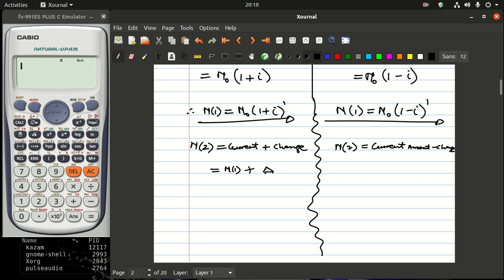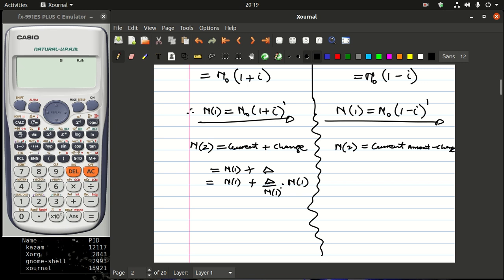plus some delta there. And then if you look into this, n1 is the same as n. If I want to change this, I will still have n1 plus delta divided by n1 times n1, because I wanted this to be proportional to that.